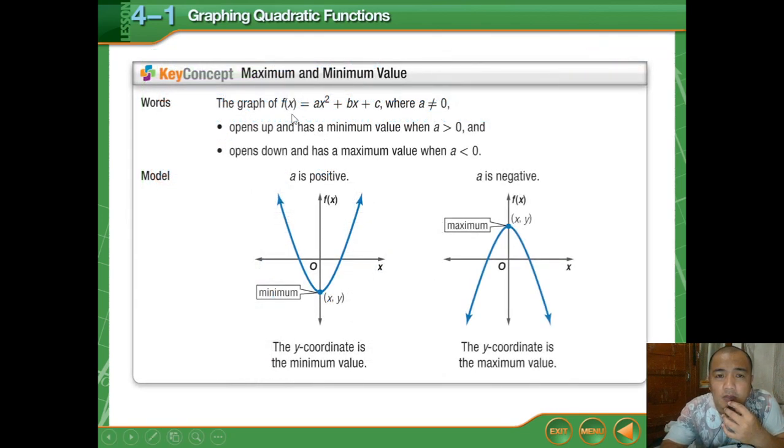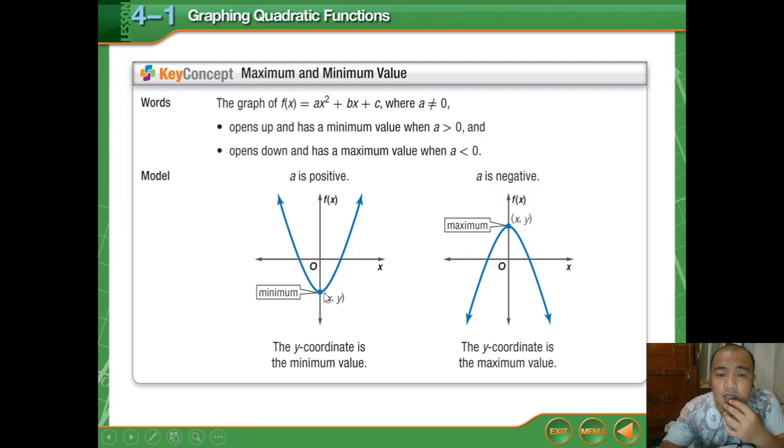Next, maximum and minimum value. The graph of f of x equals ax squared plus bx plus c, where a is not equal to 0, opens up and has a minimum value when a is greater than 0. When a is positive, it opens upward and has a minimum value.